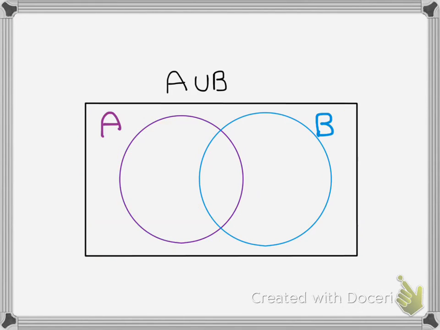Okay, moving on. This one is A union B, and we've talked about this before, but I think you're okay. Here is set A, and we're going to join that, which is what a union is, with B. So we're saying that we're okay as long as either A or B happens. If A occurs, we're happy. If B occurs, we're happy. If they both occur, we're happy.